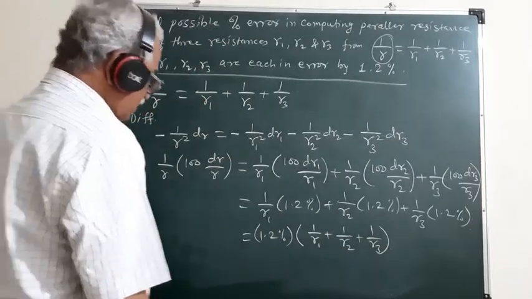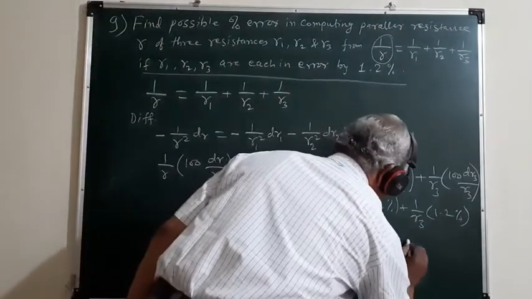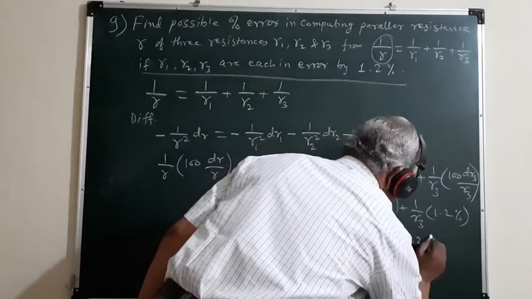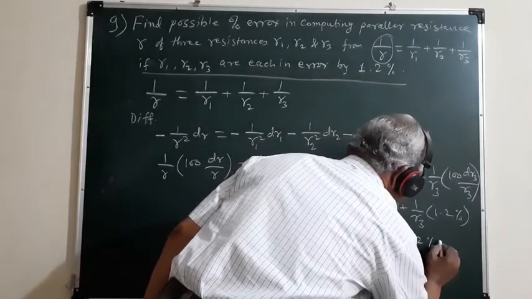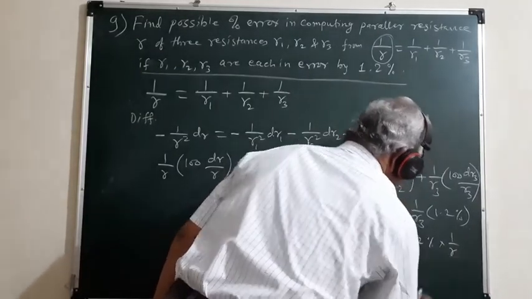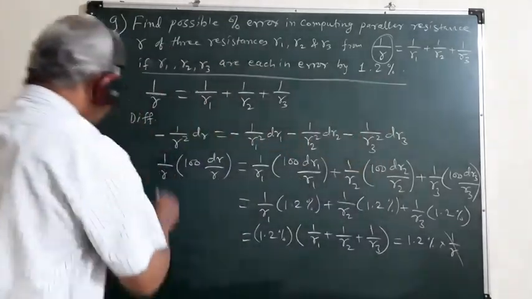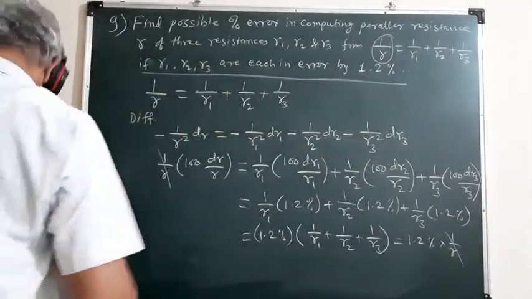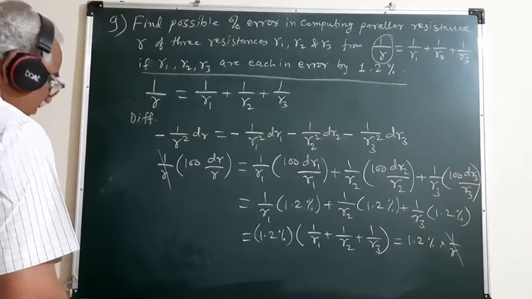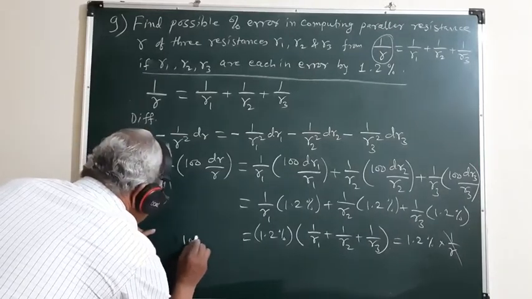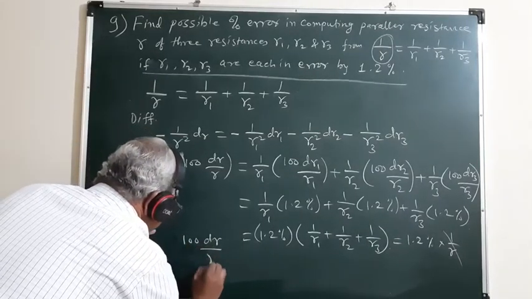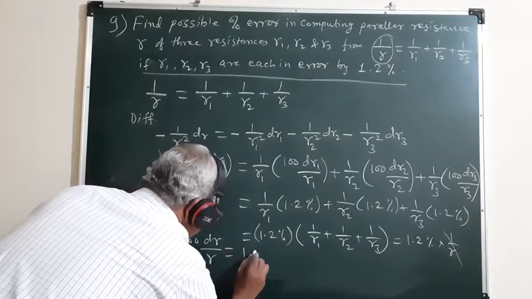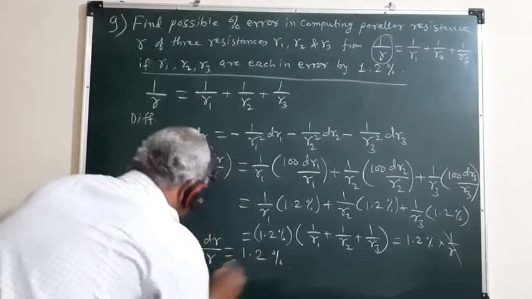And this bracket is nothing but 1 by R. So this is equal to 1.2% into 1 upon R. So this 1 upon R and this 1 upon R cancel. So we get the value of 100 dR by R to be equal to 1.2%.